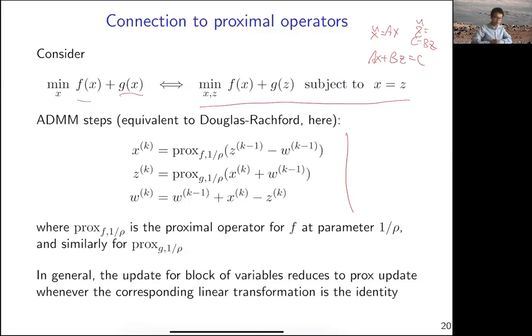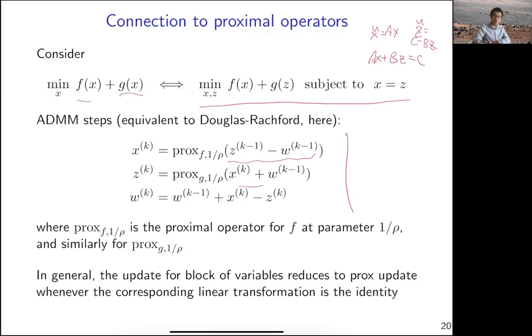It becomes solving the prox with respect to f, and then another prox with respect to g, both having the t parameter set to 1 over rho.